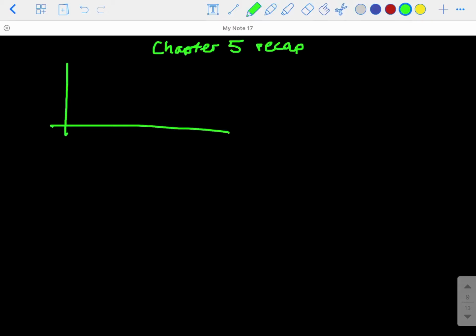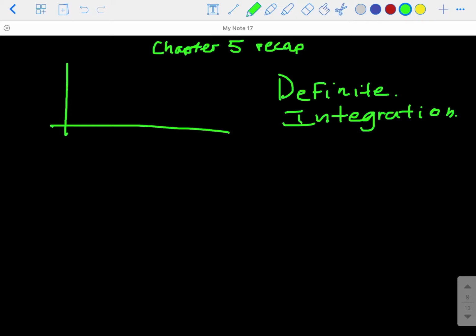Hello. For Chapter 5, as a recap, just recall that something you've been learning about are definite integrals, in which you have some sort of function. You can just call this f of x. And since you're defining this integral, you're restricting its limit from a lower bound, we can call it 0 or a, and you're giving it some closure, like a gate.